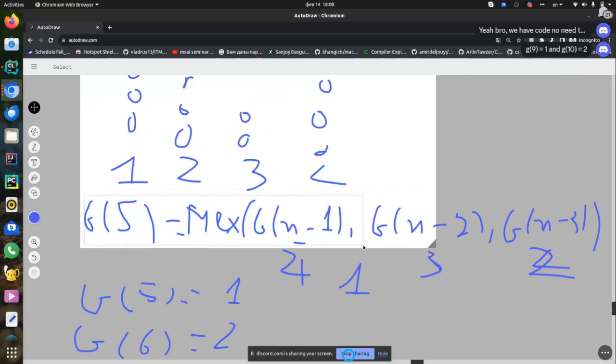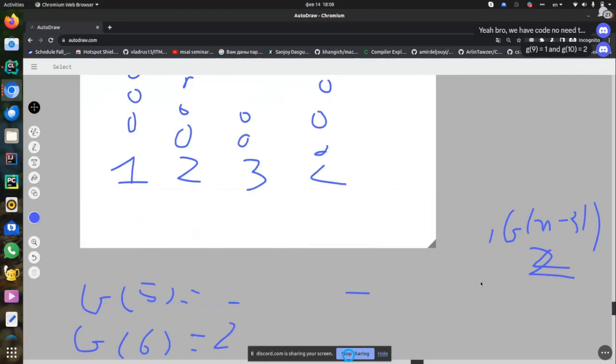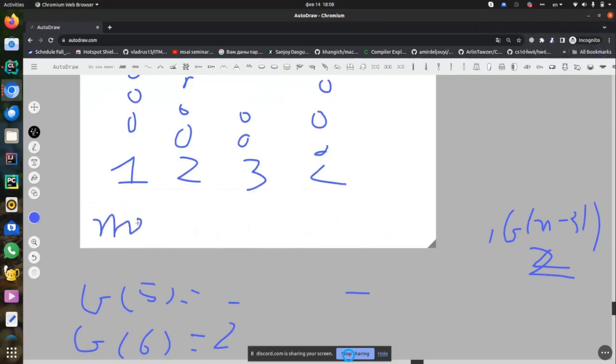I think we need to check again, because you guys are understanding the mex function wrong. So what is the mex of, let's say, 1, 2, and 3?